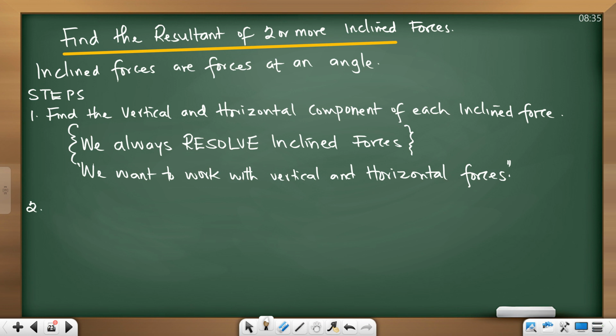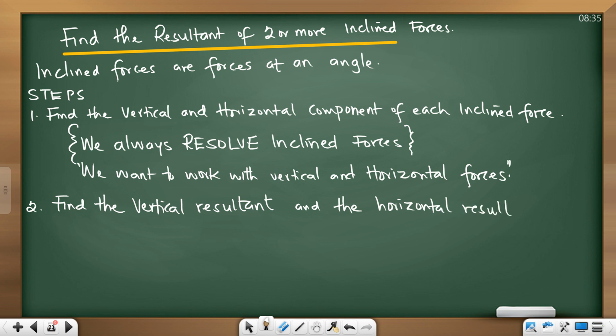Number two, find the vertical resultant and the horizontal resultant. This was what we did yesterday, because now you are going to have more than one vertical force. And I'll do an example for you quickly.